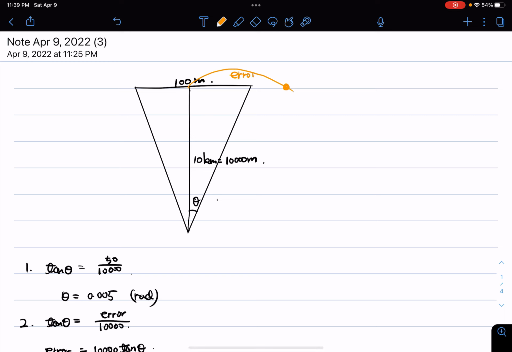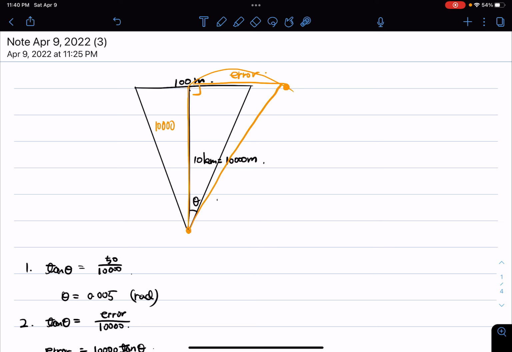Let's write an arrow right here, and this is where the ship started, and this is the 10 kilometers it went, 10,000 meters, and this is just horizontal, and this is where the ship went.